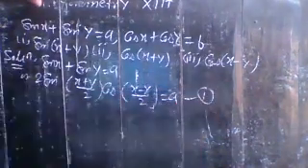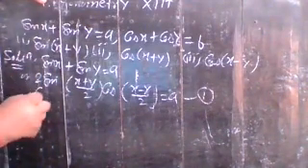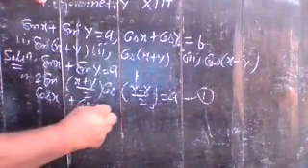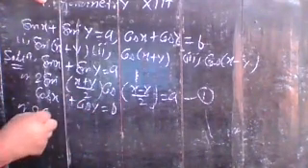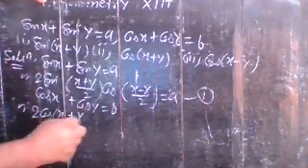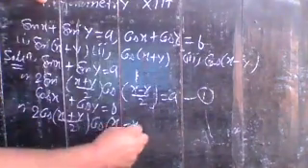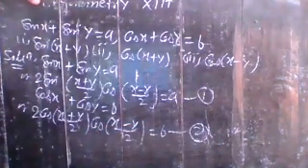Suppose that is your first equation. In the same way, you have cos x plus cos y equal to b. Applying the formula, 2 cos of x plus y by 2 cos of x minus y by 2 is equal to b. Here you have the second equation.